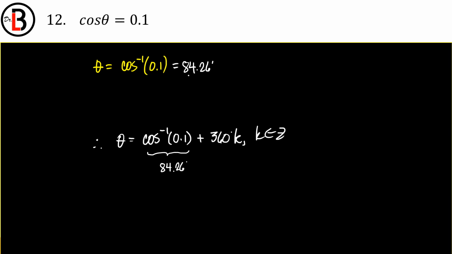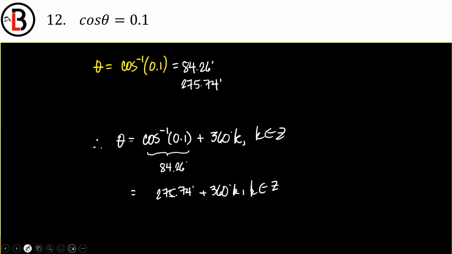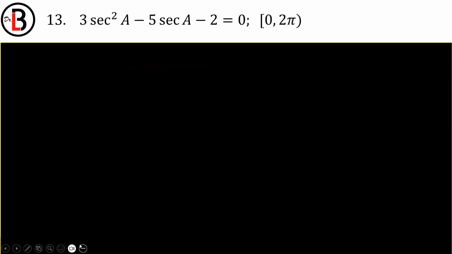Can you give me 360 minus 84.26? 275.74 degrees, because it's positive. Plus 360 degrees k, where k is an element of Z. So those are the possible answers.